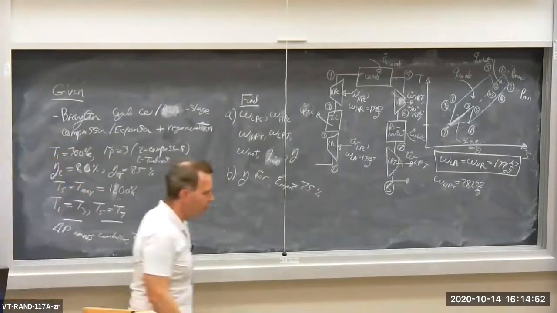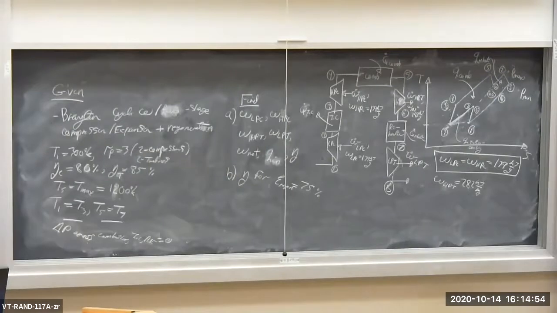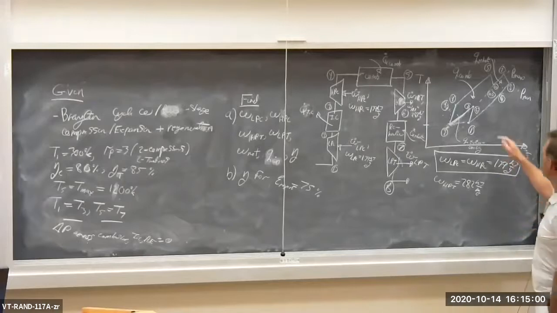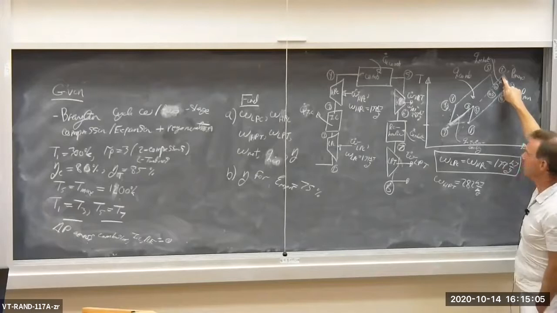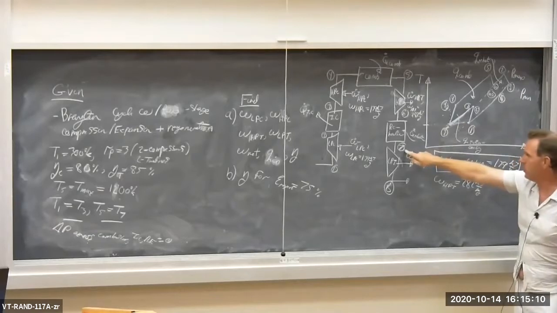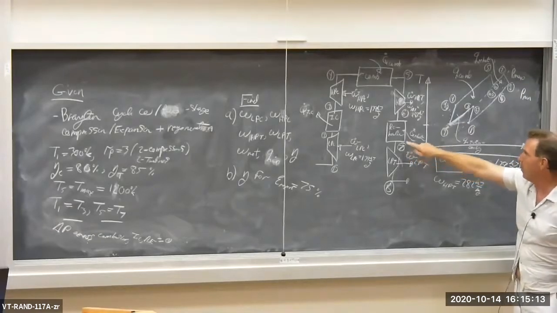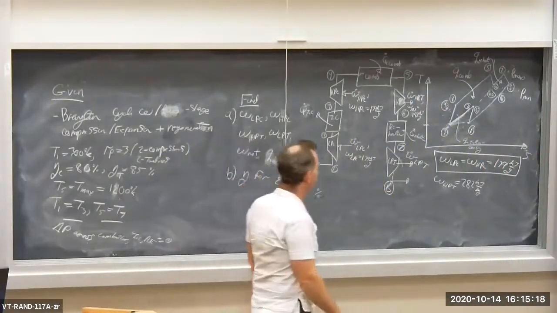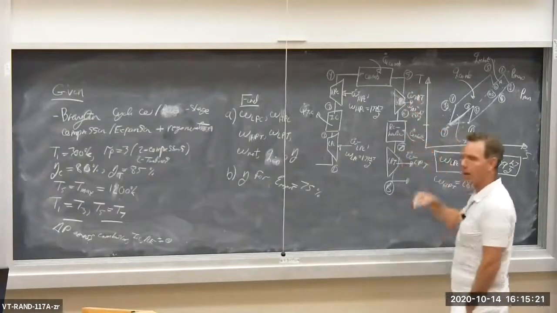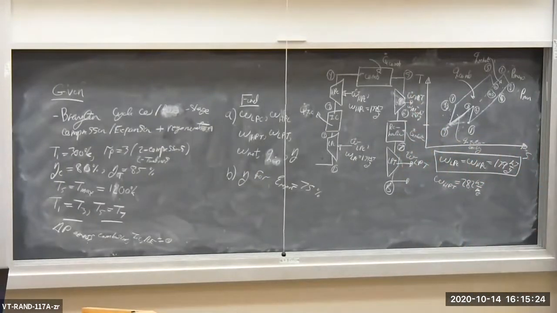All right, what about the low pressure turbine? Guess what? Same issue as for the high pressure compressor. We are told that the reheating increases the temperature at the low pressure turbine intake, state 7, back up to the combustor outlet temperature. So T7 is equal to T5. We're adding just enough heat to boost the temperature back up. And we also have the same pressure ratio, 3, and the same isentropic efficiency.